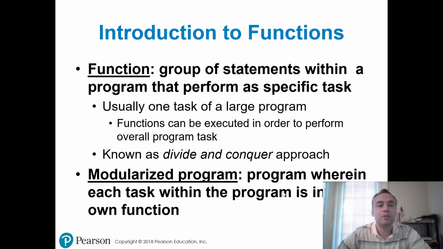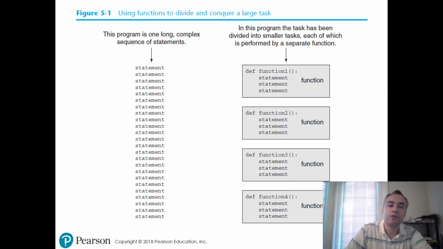All right, so a function is a group of statements within a program that performs a specific task. Usually, one task in a large program. Don't try to stuff too much into a single function. It is helpful to modularize a program: some of the code can be encapsulated inside a function and can be called in the main line logic of the program by just one line referencing this function.